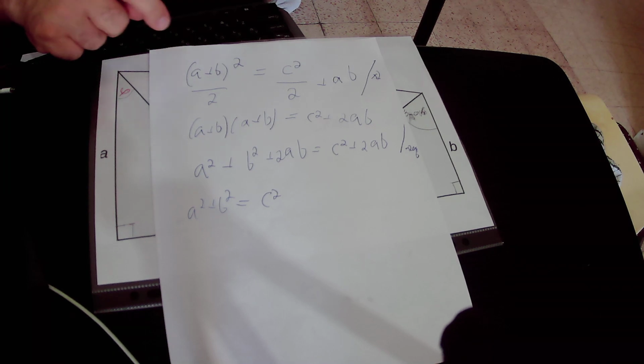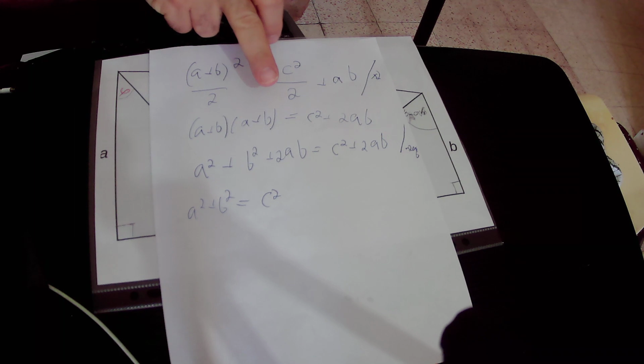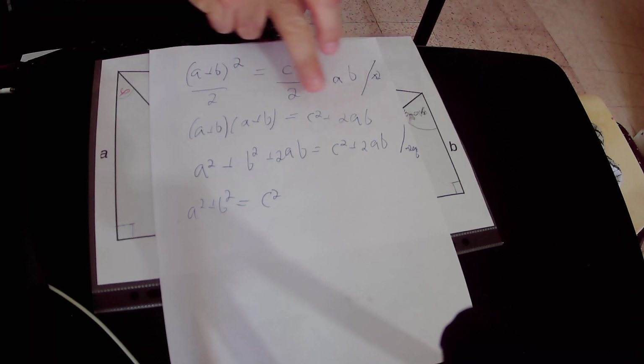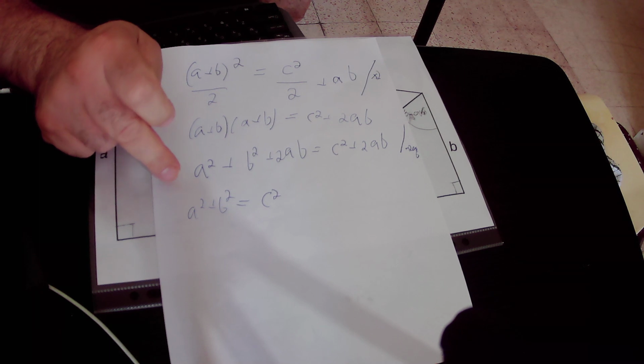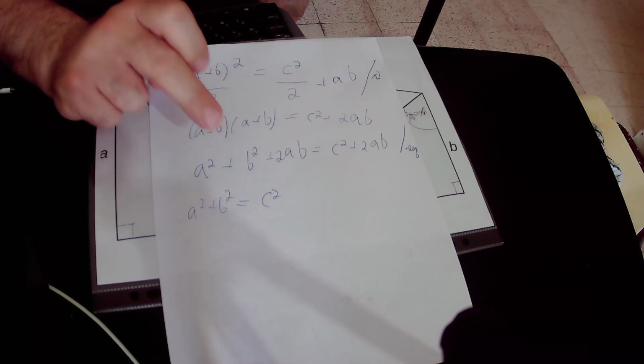Then we can deduct the expression 2AB from both sides of the equation, and at last we get that A squared plus B squared equals C squared.